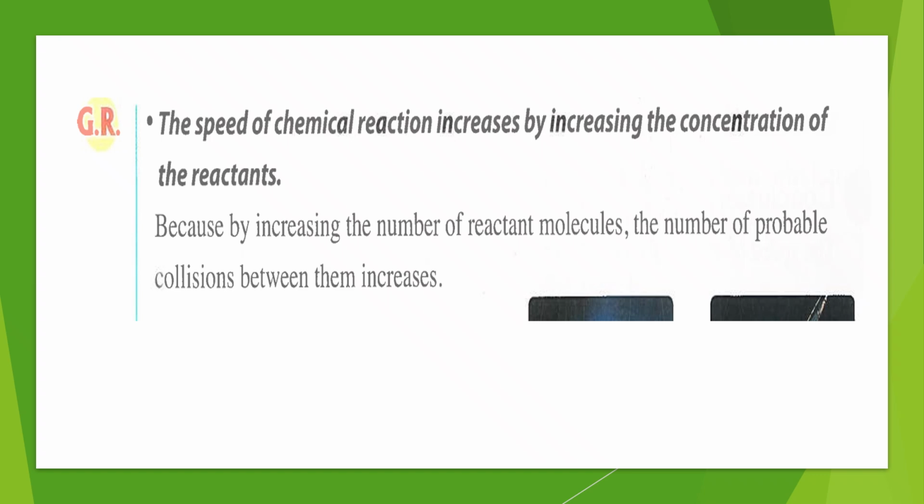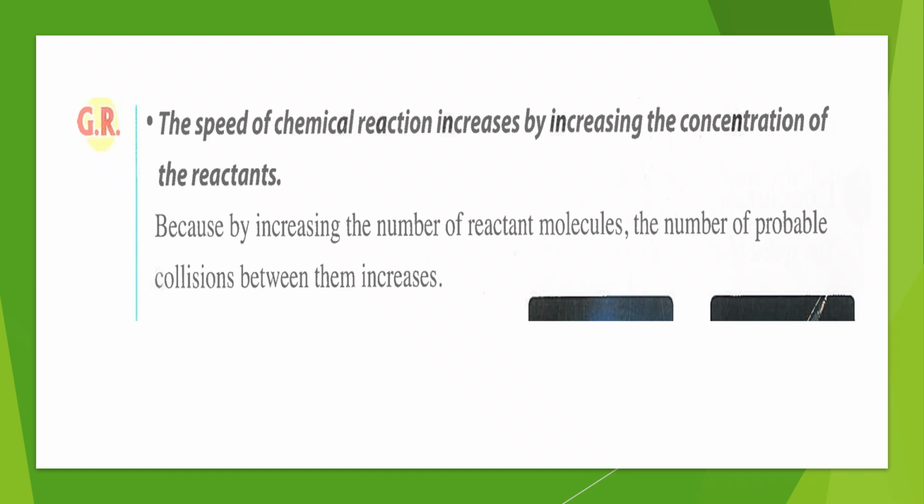So in case of the concentrated acid, there will be more molecules, more collisions, and a higher rate or higher speed of chemical reaction. While in case of dilute acid, the number of molecules will be smaller, and the number of probable collisions will be smaller, and the rate of chemical reaction will be slower.